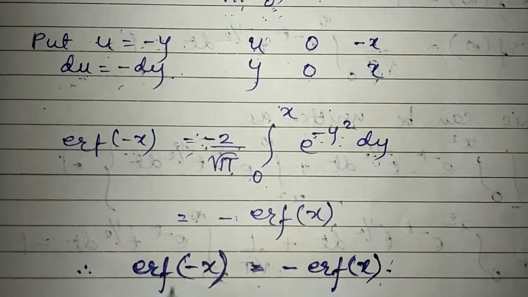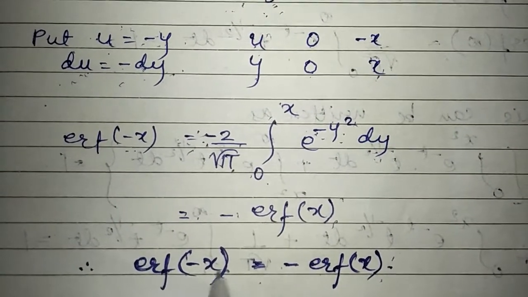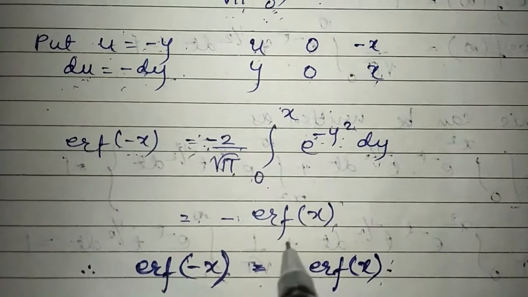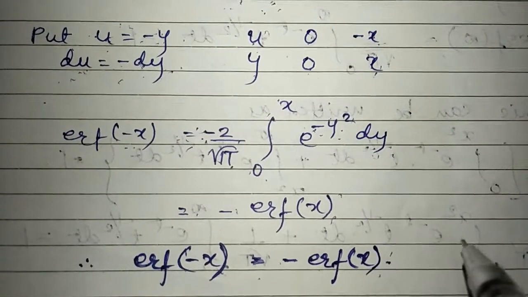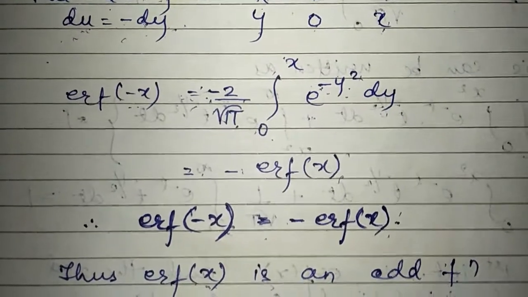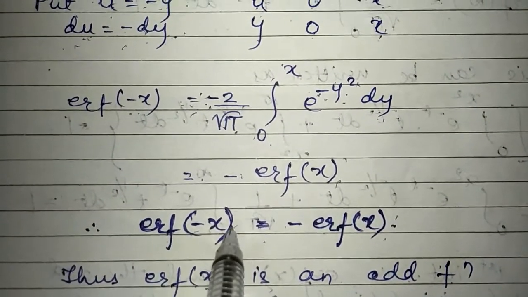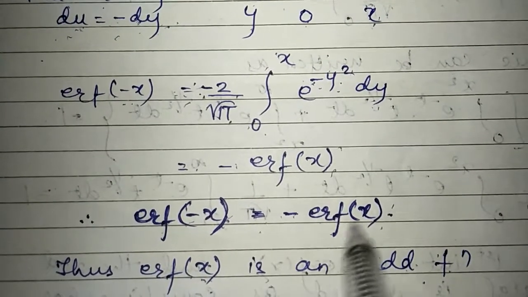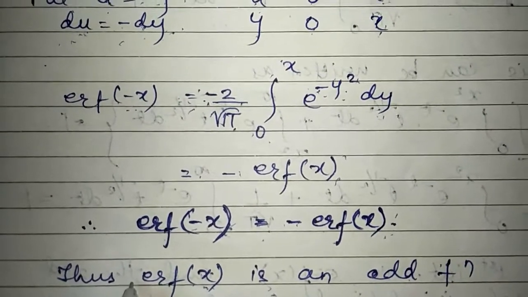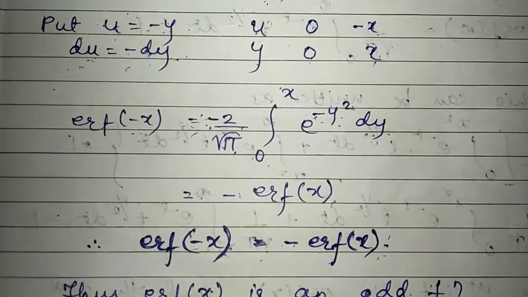If we substitute x equal to minus x in the function, and the value of the function is equal to minus of f of x, that is the original function, we say that the given function is an odd function. And here we have error function of minus x equal to minus of error function of x. Thus error function of x is an odd function.